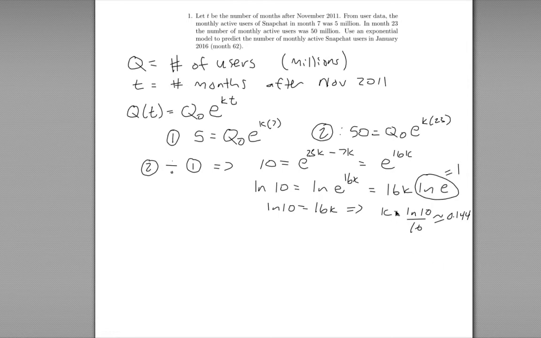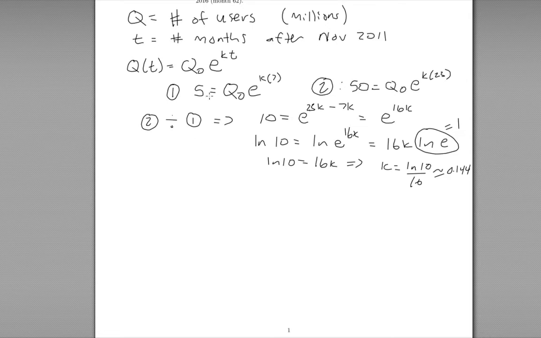Now that we have what k is, I can use k back in either one of these equations to solve for what Q naught is. Just for simplicity, I'm going to plug it into equation 1. If I plug k in, I have 5 is equal to Q naught e to the 7 times 0.144, because that's what k is, we just solved for it. Which means that Q naught is equal to 5 divided by e to the power of 7 times 0.144.